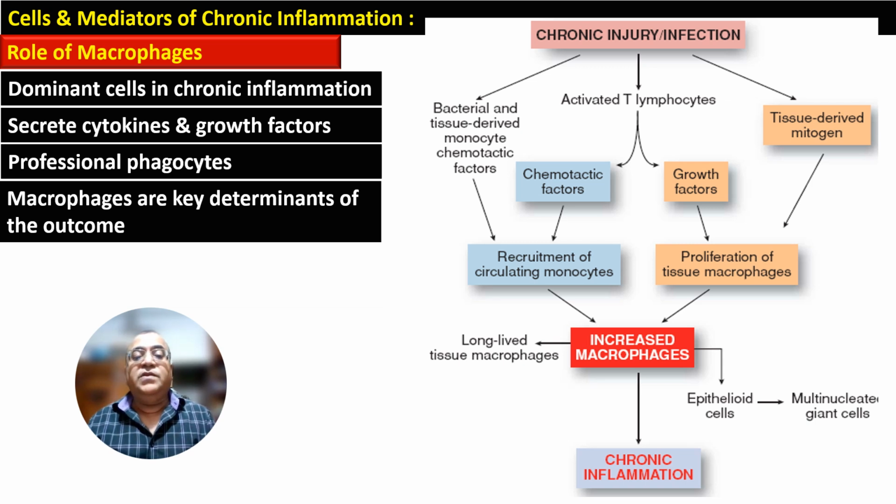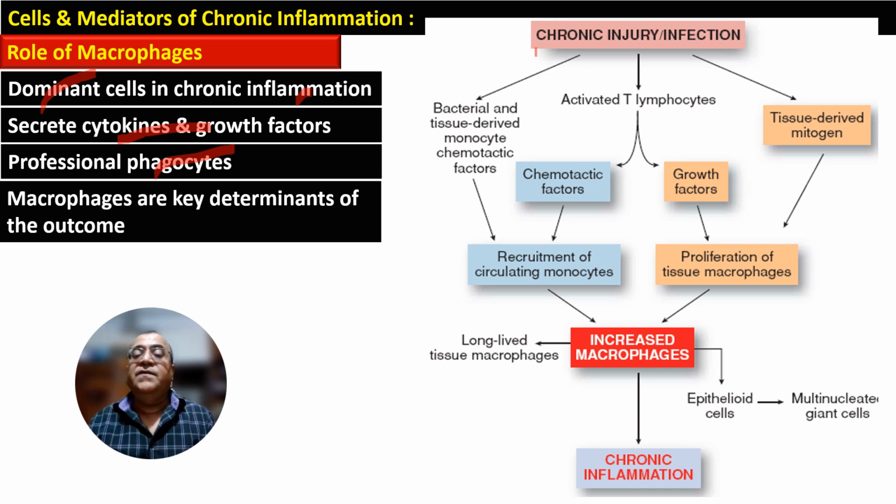So the role of macrophage can be summarized as dominant cell type, secretion of cytokines and growth factor, the specific phagocytic activity, and they are the key determinants of the outcome by the release of various substances.